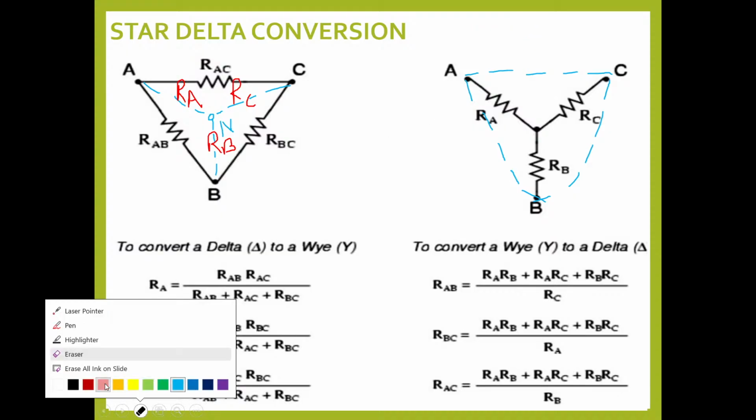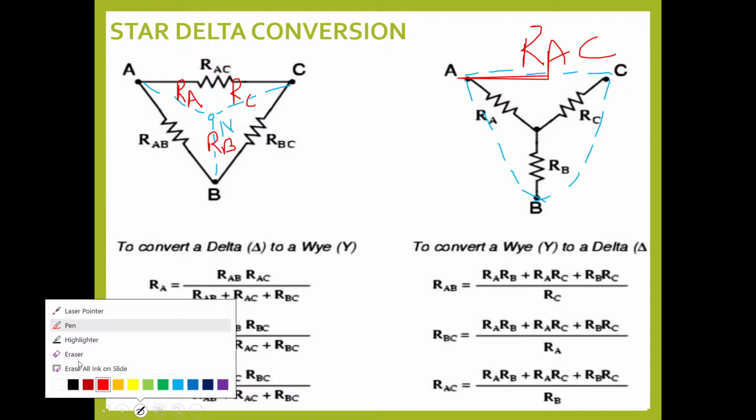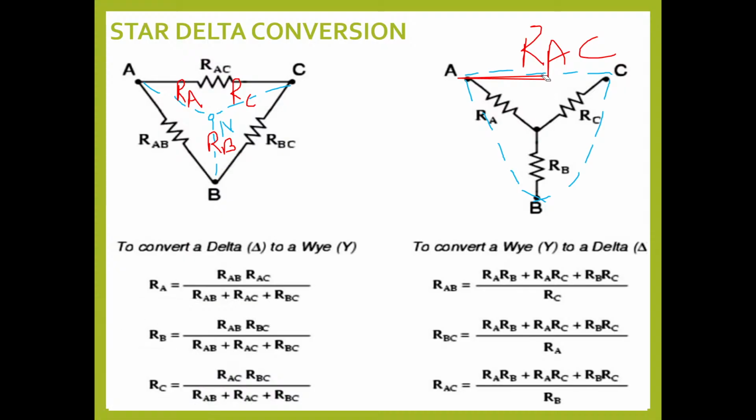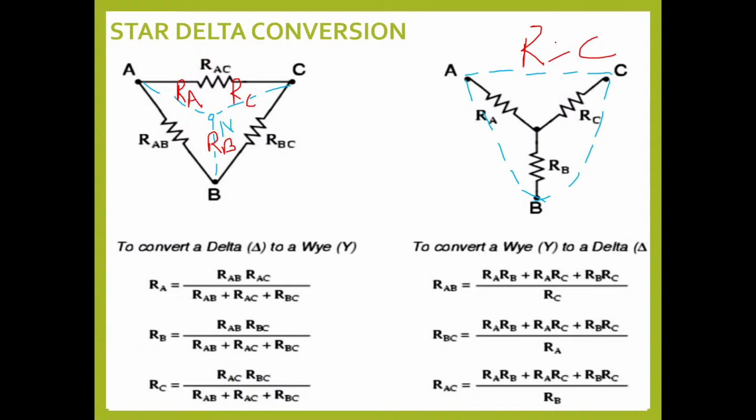The notation is RAC. Similarly, in between B and C, what is the resistance?